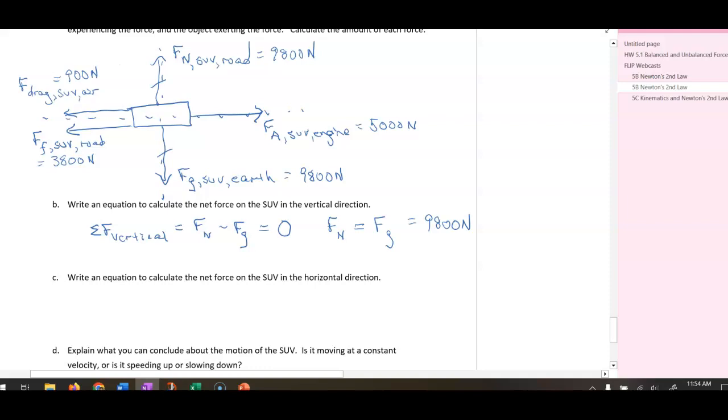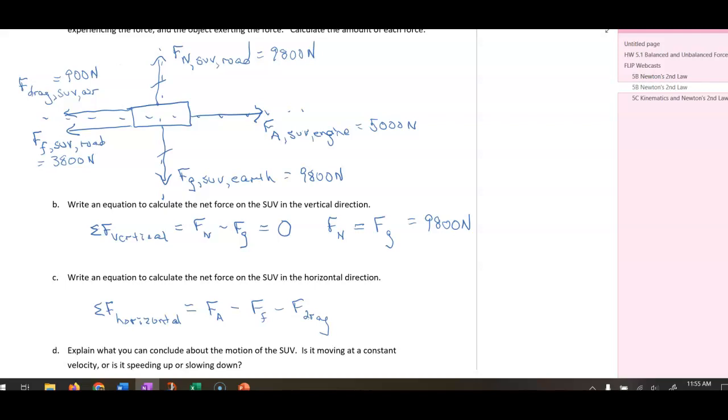Then it says let's write an equation to find the net force in the horizontal direction. That's the direction of motion, right? Okay, so I add the force that goes to the right, which is the applied force, and then I subtract the forces that go to the left, the friction force and the drag force. Is the net force in that direction 0? I don't know.